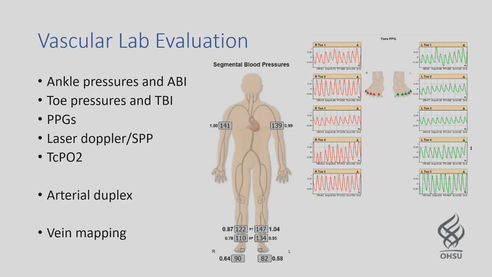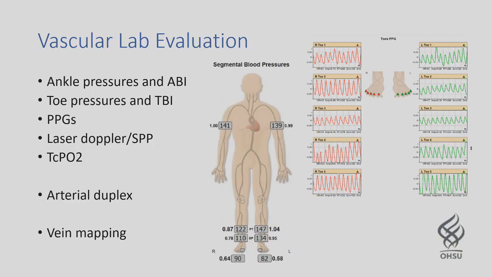So the vascular lab evaluation, you may or may not have this available to you. However, I would argue that if you have a Doppler and a blood pressure cuff, you can get an ABI. So even without a waveform or specialized vascular lab, that can be done and can be useful information.